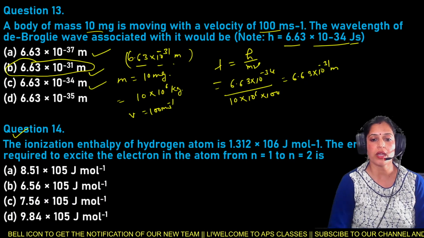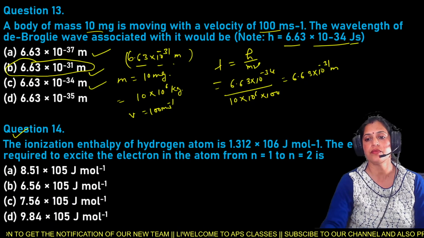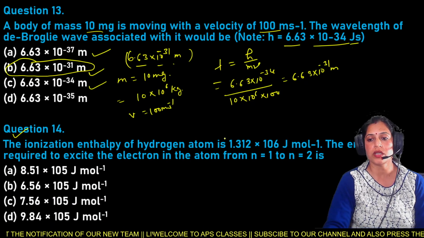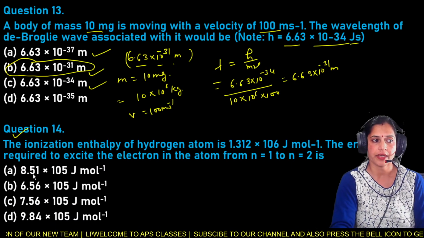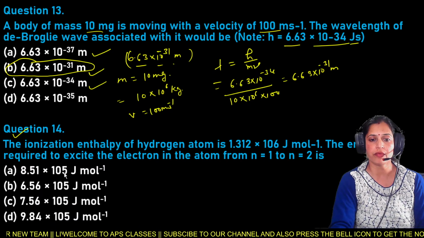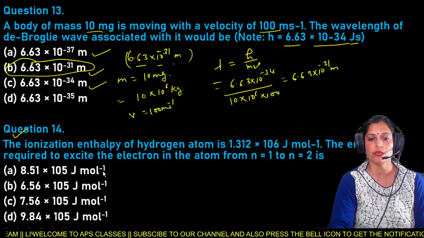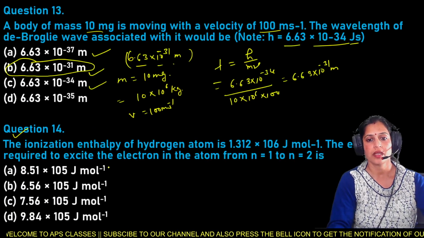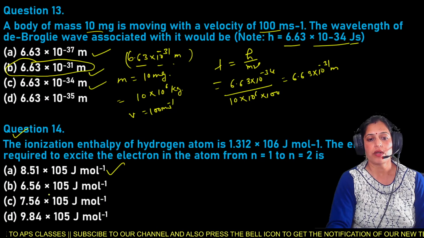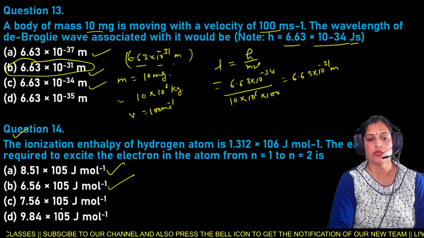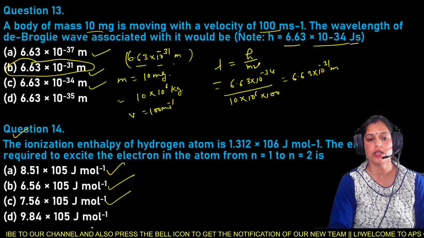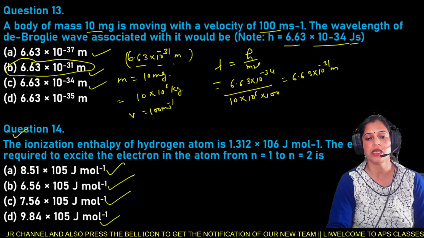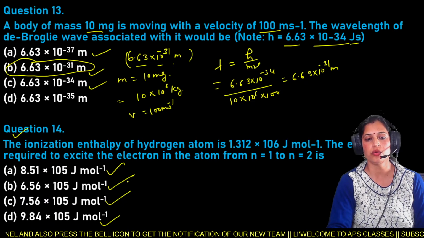Then the energy required to excite the electron in the atom from n is equal to 1 to n is equal to 2 is: first, 8.51 into 10 raised to power 5 joule mole inverse; second, 6.56 into 10 raised to power 5 joule mole inverse; third, 7.56 into 10 raised to power 5 joule mole inverse; and the last one is 9.84 into 10 raised to power 5 joule mole inverse.